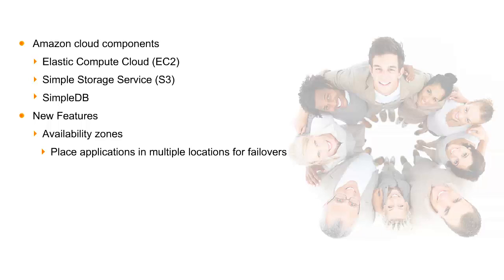By launching instances in separate availability zones, you can protect your applications from failure of a single location. Regions consist of one or more availability zones, are geographically dispersed, and will be in separate geographic areas or countries.